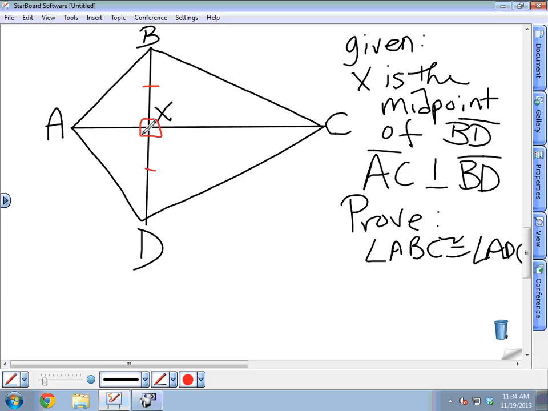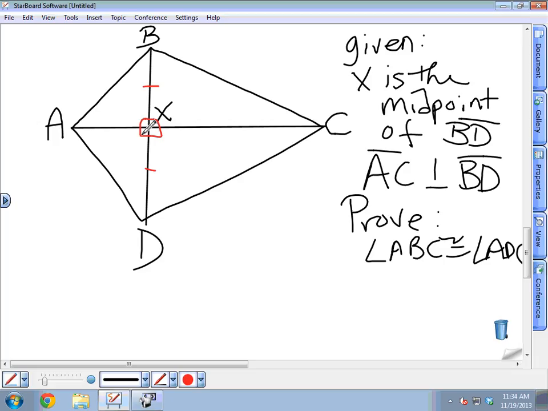And so for number 3 the reason is: if 2 lines are perpendicular, then they form congruent adjacent angles. Okay? So what are the 2 angles here for number 3? Angle BXA and BXC are right angles.